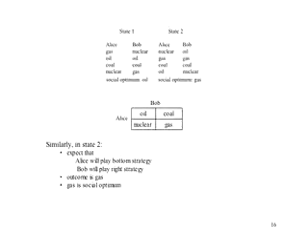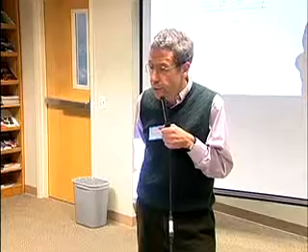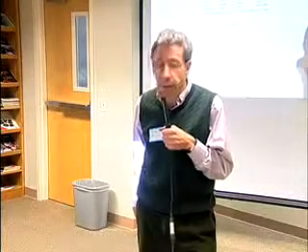Well, in state 2, we expect that Alice will play the bottom strategy, anticipating that Bob will play the right strategy, because if Bob plays right, Alice has a choice between coal and gas, and she prefers gas, so she will play bottom.